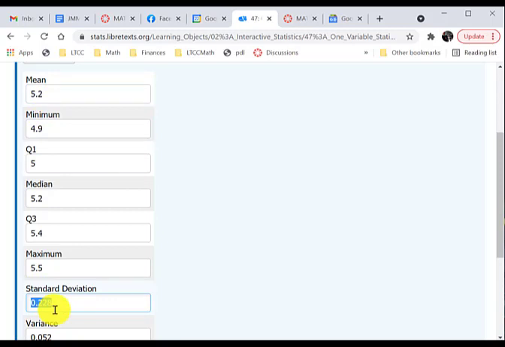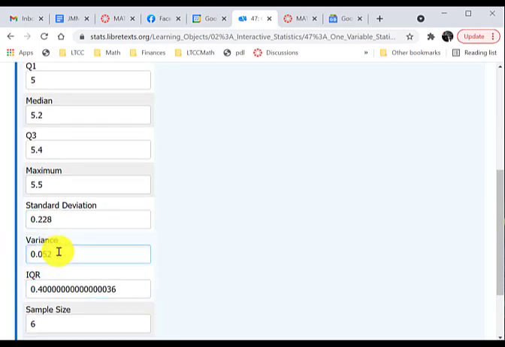So not too far from the mean, right? 0.2 meters or so. The variance, we're not going to do much in this class with the variance, but it's 0.052. The units would be in square meters of height, which is kind of weird. So let's just not worry about the variance.